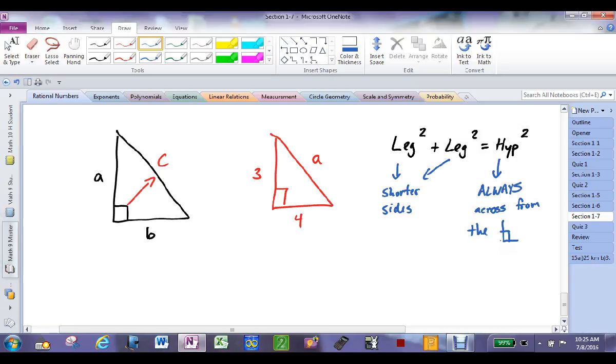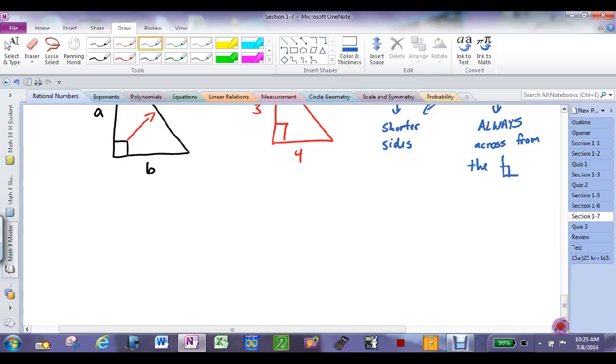Okay? Sometimes for fun, I give kids triangles that look like this. Lightning bolt, money sign, and peace sign. What? How can I do A squared, B squared, C squared when there's no letters? What's Pythagoras there? It can't be A squared, B squared, C squared because I haven't given you letters.